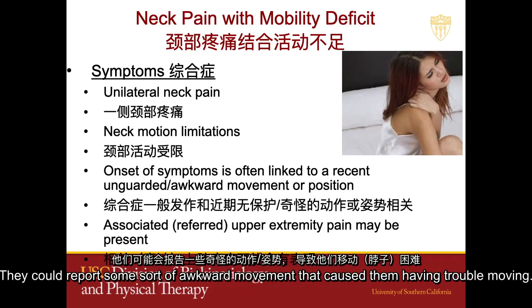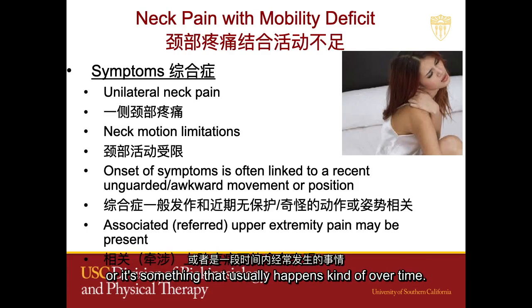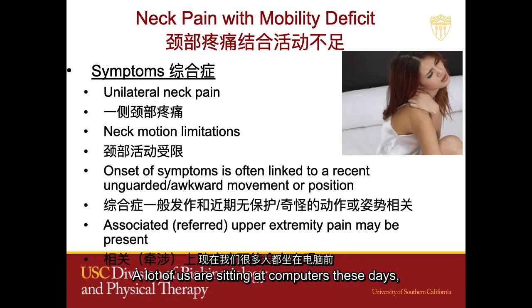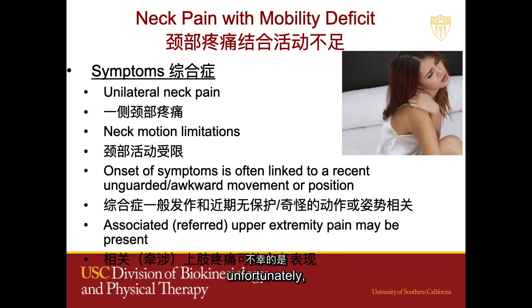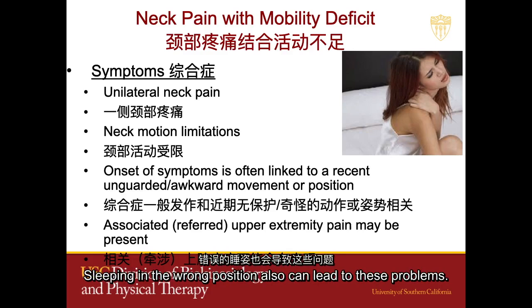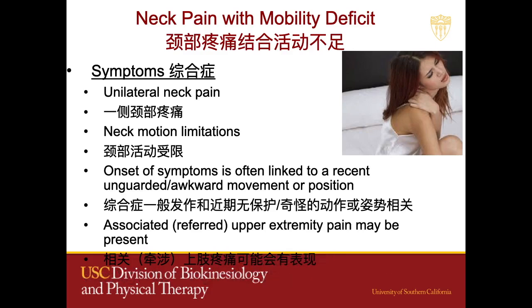They could report some sort of awkward movement that caused them having trouble moving, or it's something that usually happens over time. A lot of us are sitting at computers these days, like you are right now, and we're spending a lot of time in one position, and that unfortunately can lead to these problems. Sleeping in the wrong position also can lead to these problems.